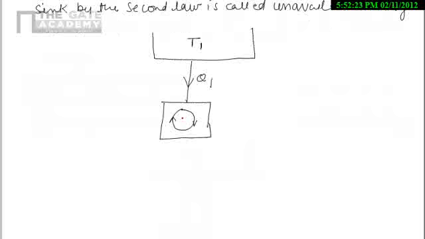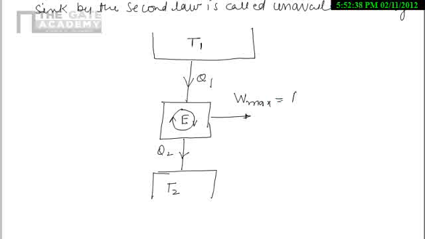It rejects an amount Q2 to the sink, which is at temperature T2. The available energy means the maximum work output, and the minimum heat rejected to the sink is called unavailable energy.